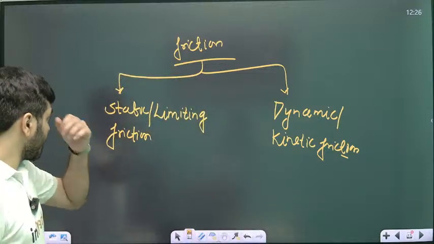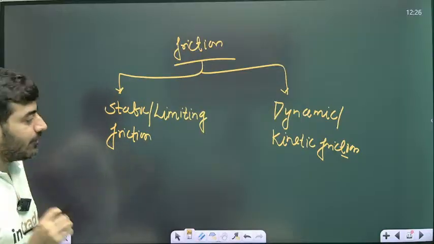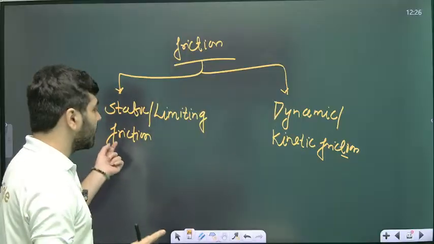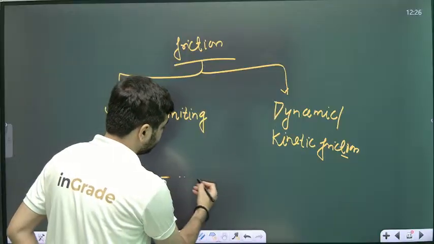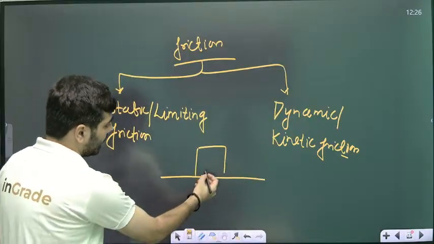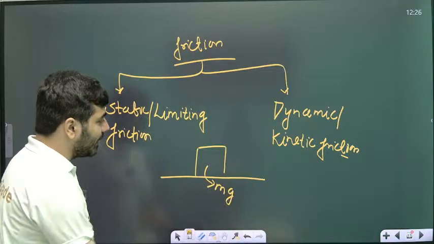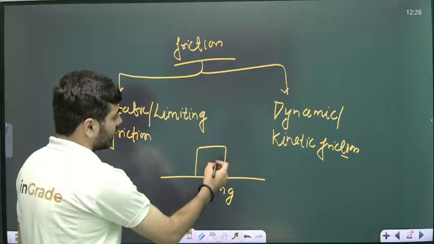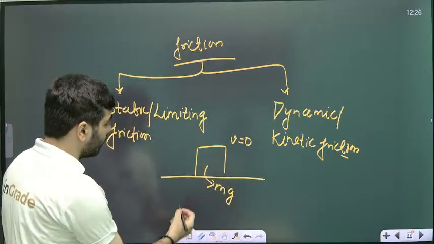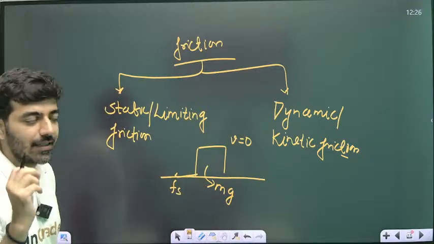Okay. Static friction means when body is at rest, a friction is acting upon it, that is called static friction. Let's say this is a body of mass m. Let's say total weight will be mg. Body this time is not moving. It means velocity will be 0. A friction is acting upon it, that is called simply Fs. It is called static friction.